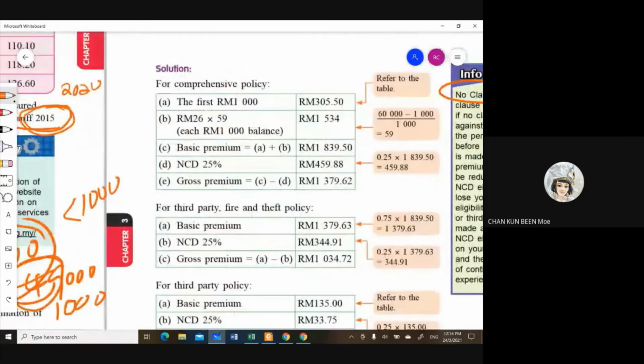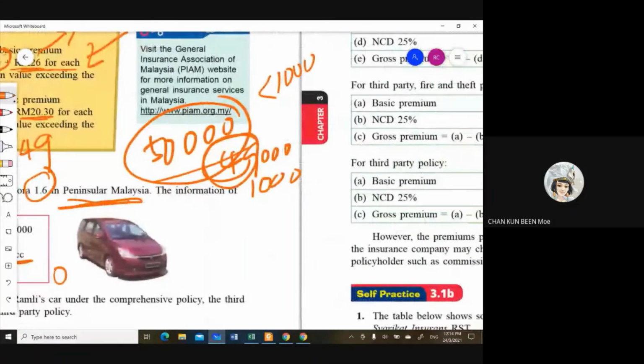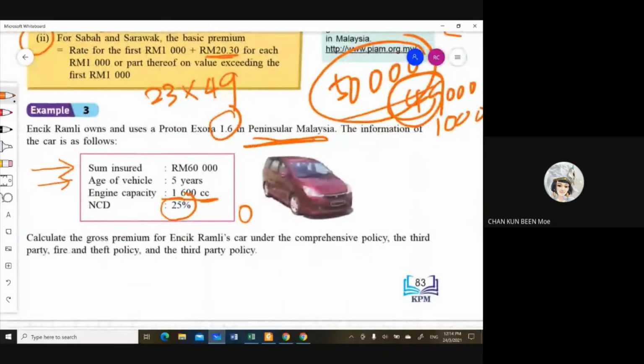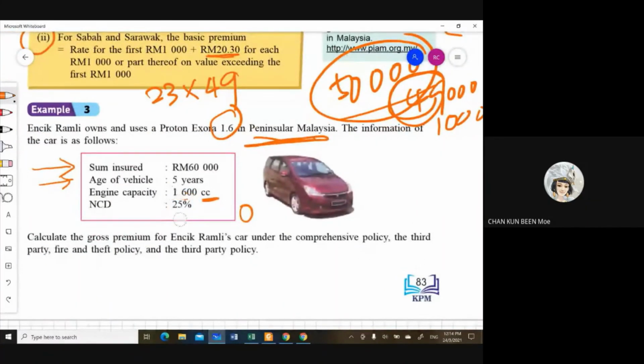I'm going to refer to this directly. So the NCD here means that if you didn't claim your policy for the first year after you bought this car, then you will have a discount like the table that I've shown you just now. But then this one is not logical because the age is already 5 years, the NCD is 25%. Maybe he started buying this insurance late, so he has this much NCD.